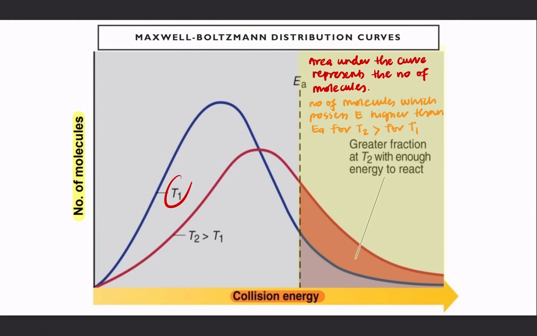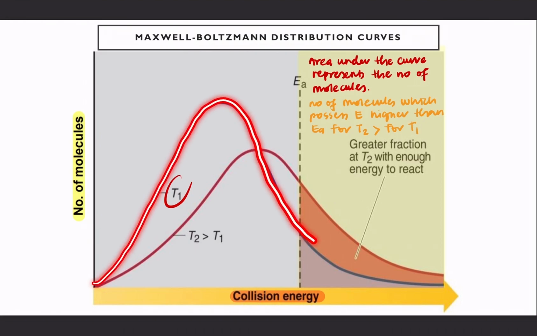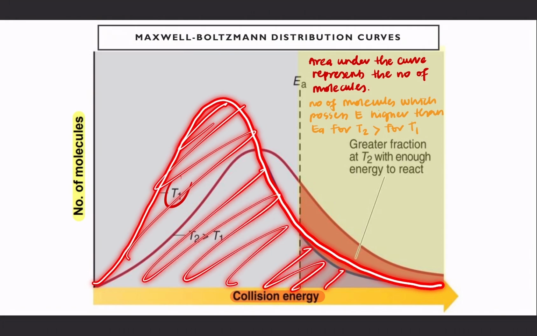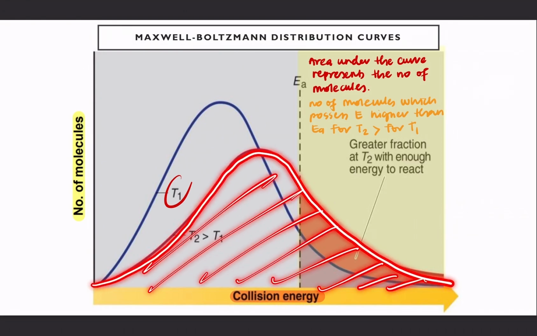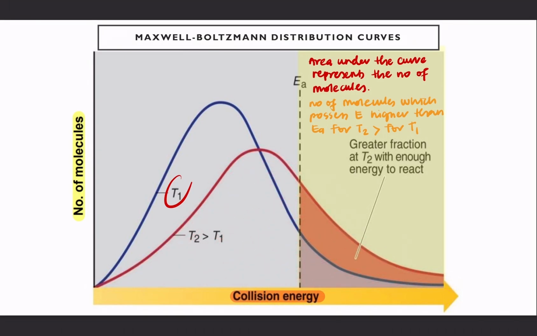So the area under this curve is equal to the shaded area under this red curve. So the number of molecules is equal for each of the curves.